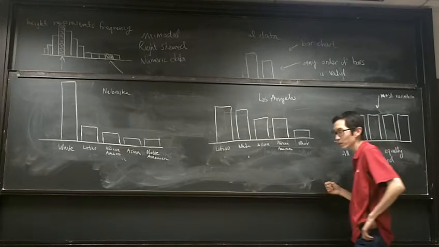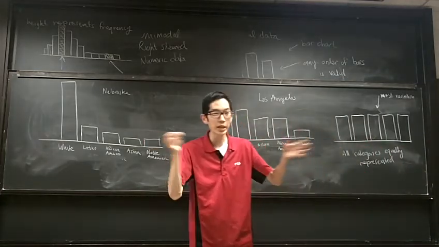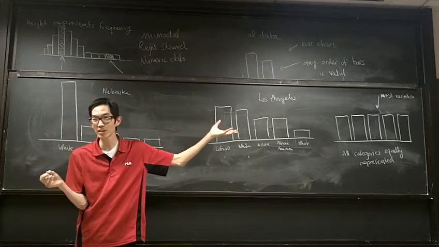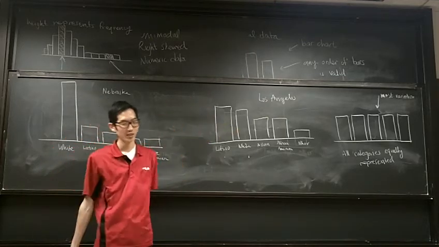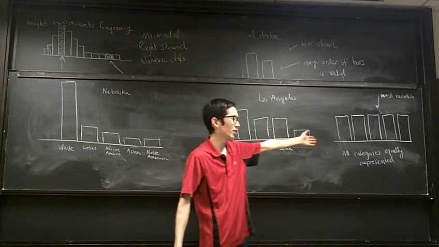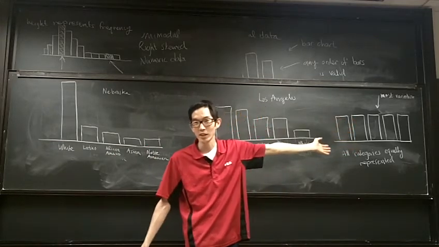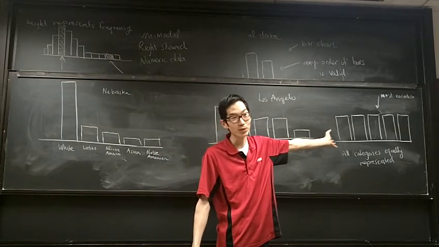So of these, now that you can imagine the people groups, which one has the most diversity? By our set of the one where they are all equally represented would be the one with the most variation or most diversity.